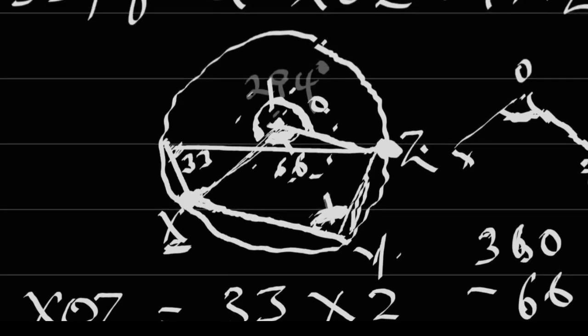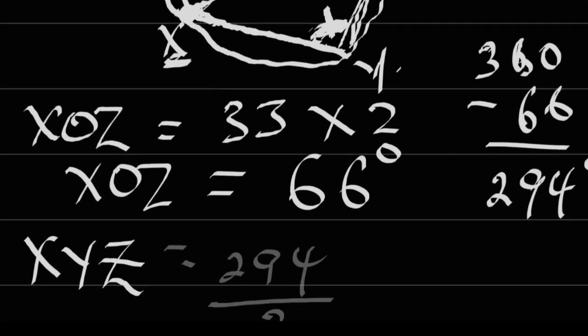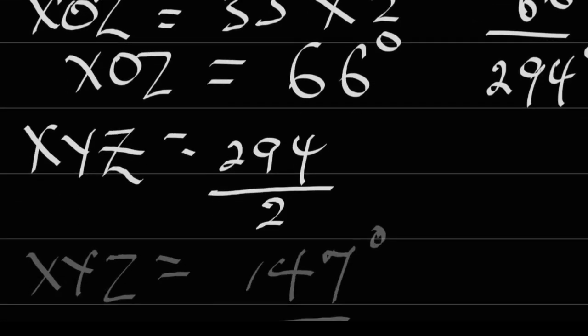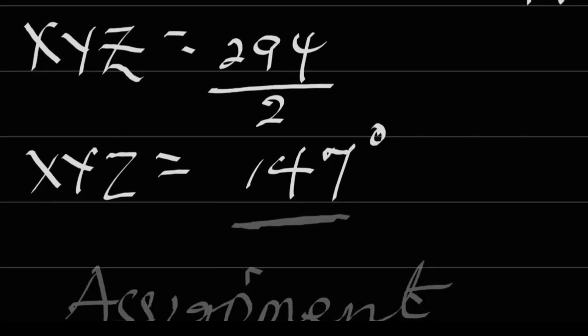So this angle is 294 degrees. We can use it to get the angle that we're looking for now. The angle at circumference will be half of the angle at the center. That is to say, angle XYZ will be 294 divided by 2. We do this division, and we are going to have 147 degrees.